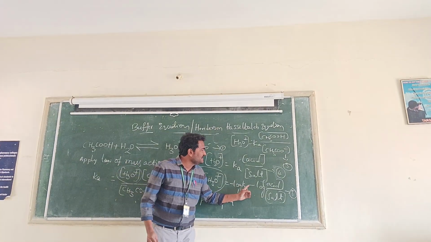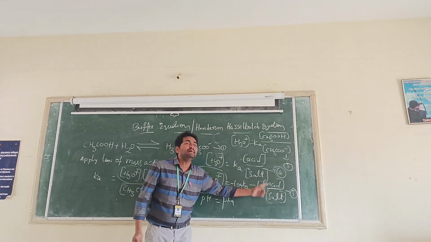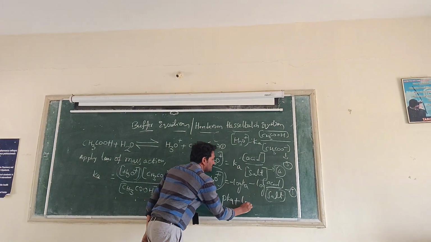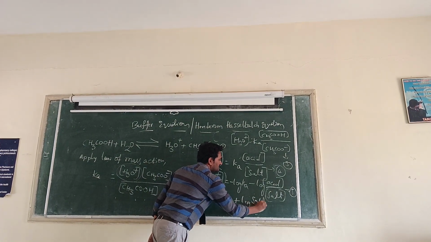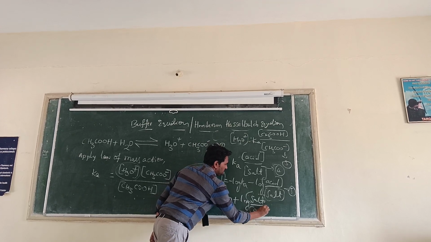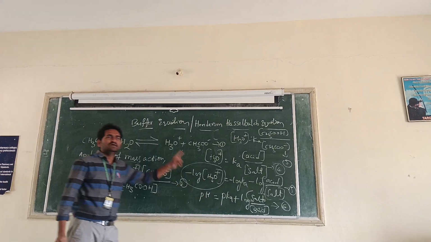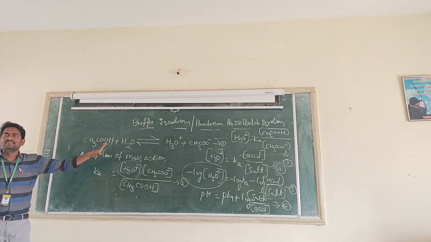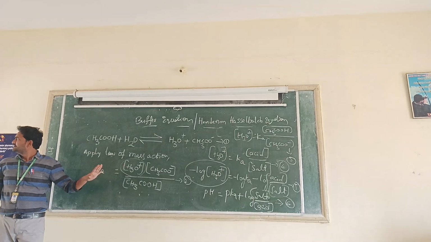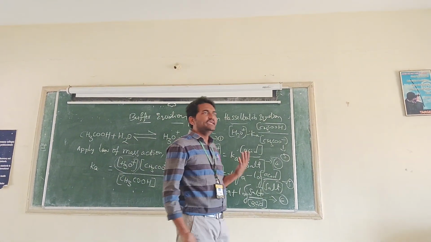If you are writing minus log A by B, that equals log B by A. So we can mention plus log salt by acid. This is equation 6, which is called the buffer equation or Henderson Hasselbalch equation. Clear? So the buffer equation is also known as the Henderson Hasselbalch equation.